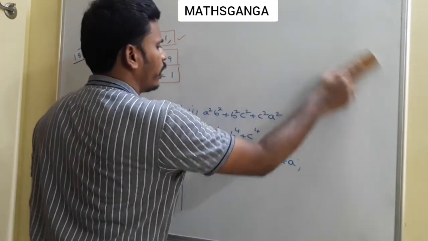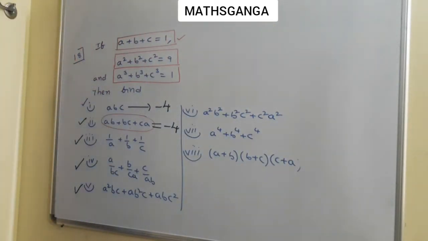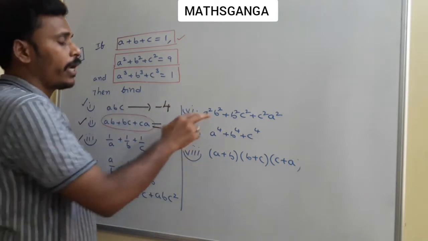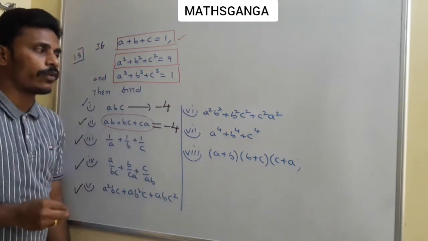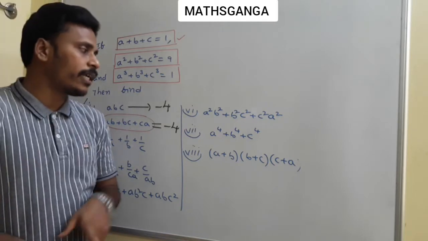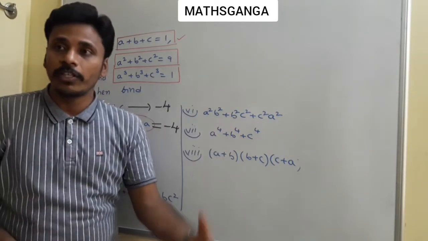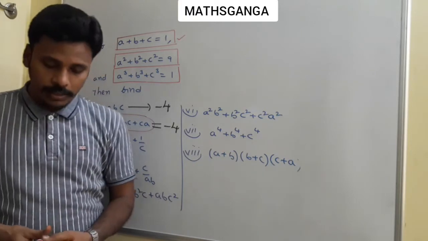It's somewhat different to find when compared with the fifth. It is very clear that a square b square is ab whole square, b square c square is bc whole square, and c square a square is ca whole square.